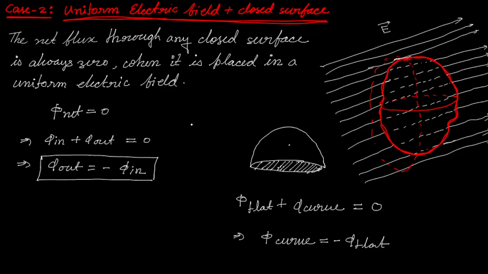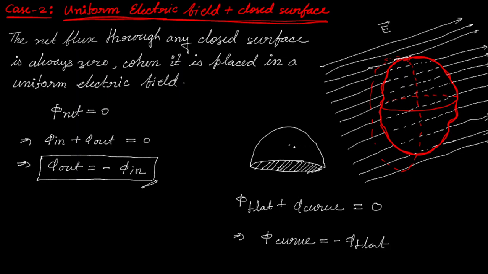So sometimes the examiner asks what will be the total flux when we place a closed surface in a uniform electric field. The answer will always be 0. And sometimes we need to use this concept. Let's say we have a hemispherical surface placed in a uniform electric field, and then the examiner asks what will be the flux through the curved surface.